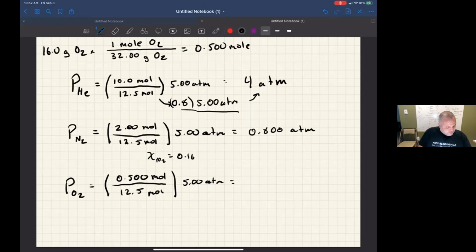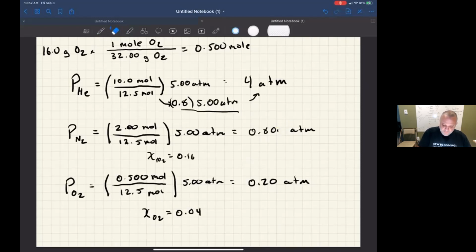And now let's do the last one. The mole fraction of O2 is going to be 0.04. And so 0.04 times 5 is 0.20 ATM. And let me correct the sig figs here.